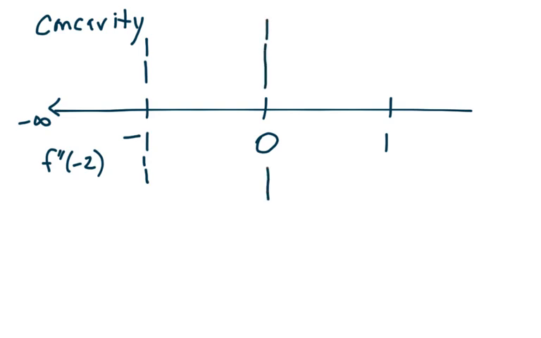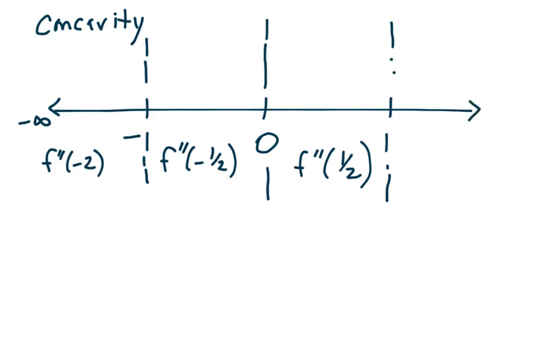So my test point, I'll pick -1/2. Then I want to test the concavity from 0 to 1, so I'll test f double prime of 1/2. And lastly, I want to check the concavity from 1 to infinity, so I'll check f double prime of 2.